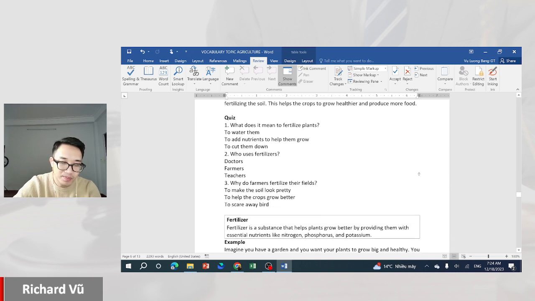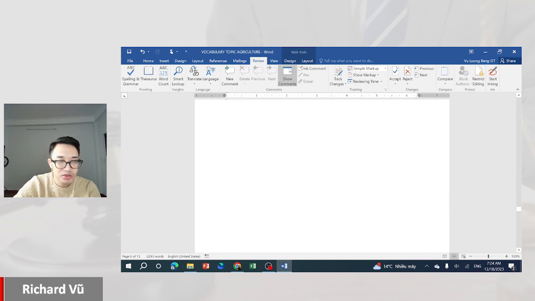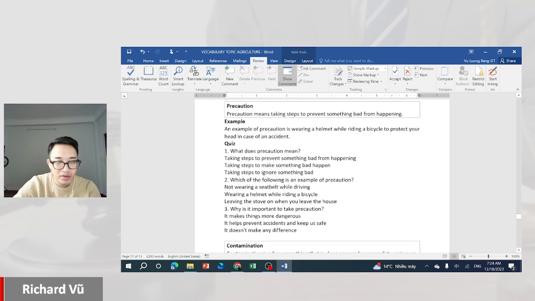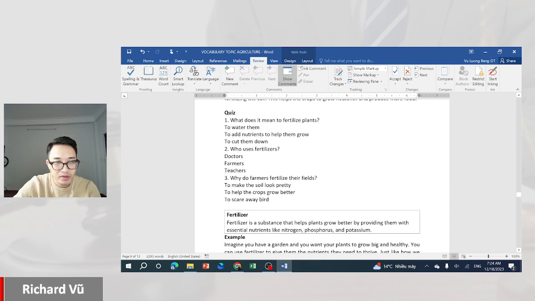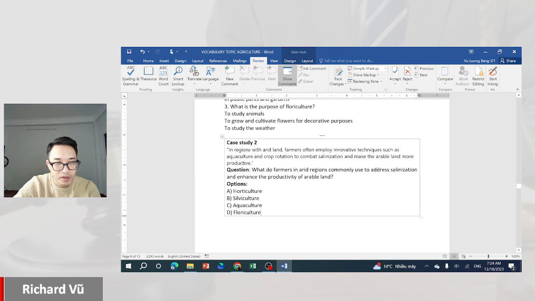So we have enough information to answer this situational question. Farmers in arid regions use this to address salinization. The correct answer is aquaculture, isn't it?